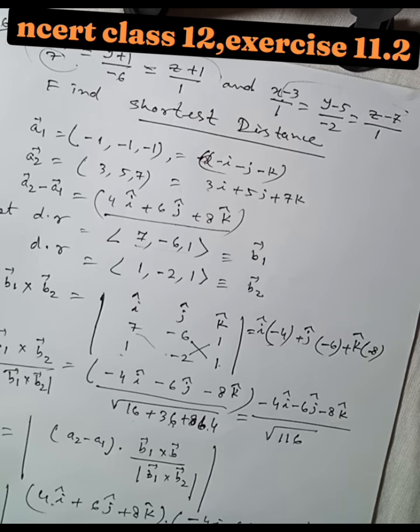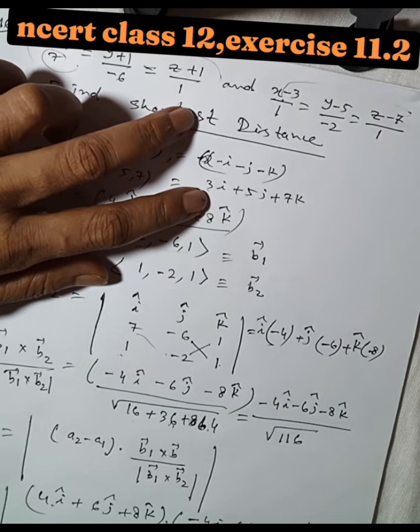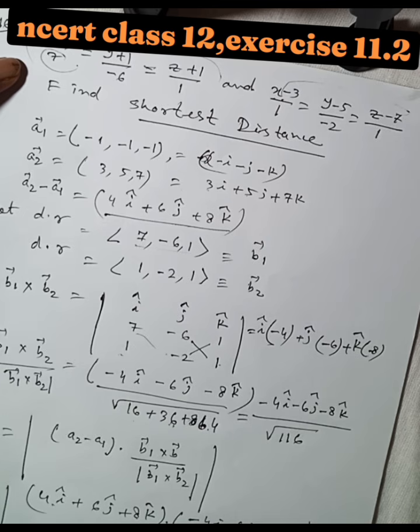So 116 divided by root 116 is root 116, which is 2 root 29.